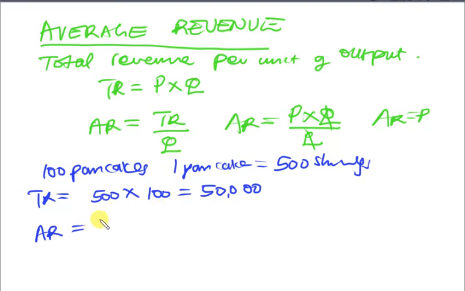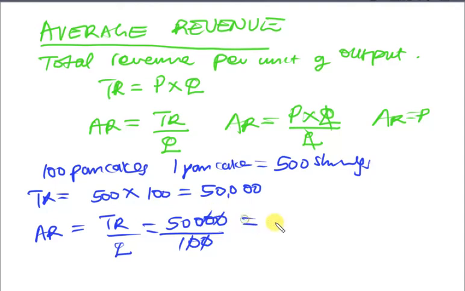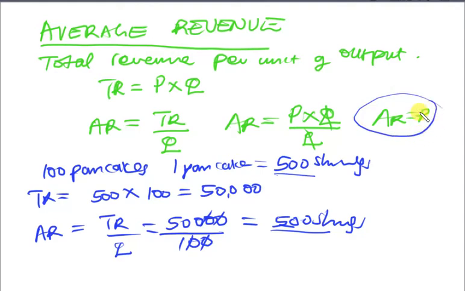You will do the total revenue divided by the output. So you will get the 50,000 you get from selling all pancakes and divide that by the number of pancakes you sell. And when you divide this, you'll end up with 500 shillings. And when you compare the 500 shillings with the price of a pancake, you find that our conclusion here is correct. So average revenue refers to just that amount of income you get from selling 1 unit of output. So that is for average revenue.